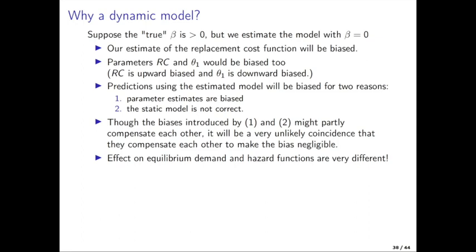So it'd be biased for two reasons: parameter estimates are biased, and the static model is just not correct. Even though these biases might partly compensate each other, it's not likely that they coincide and compensate in a way that gives us the correct predictions. So the short answer is dynamics are really quite important.